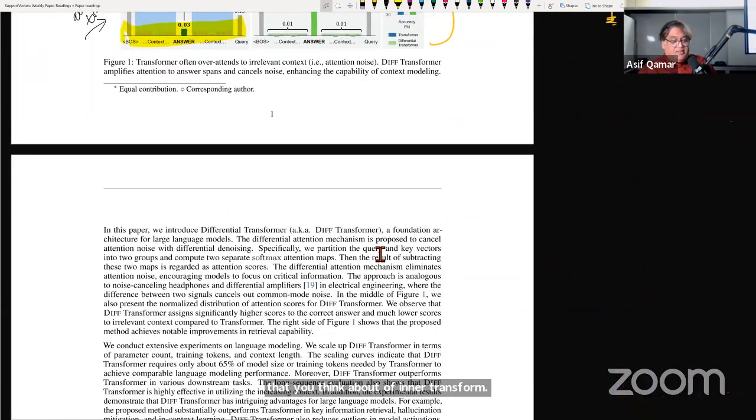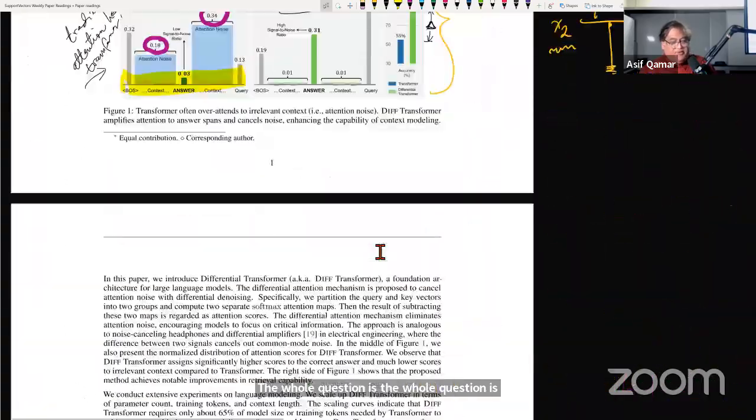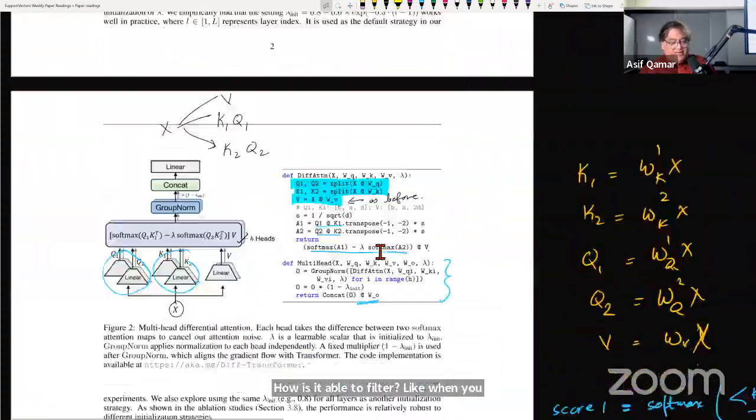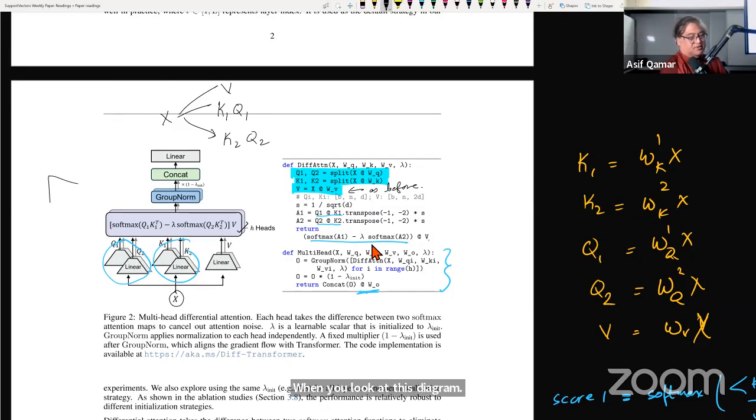The whole question is, how is it able to filter? When you look at this diagram, and you think of your typical differential amplifier, X1, X2, you realize that something like this must be there. You are trying to do a delta.